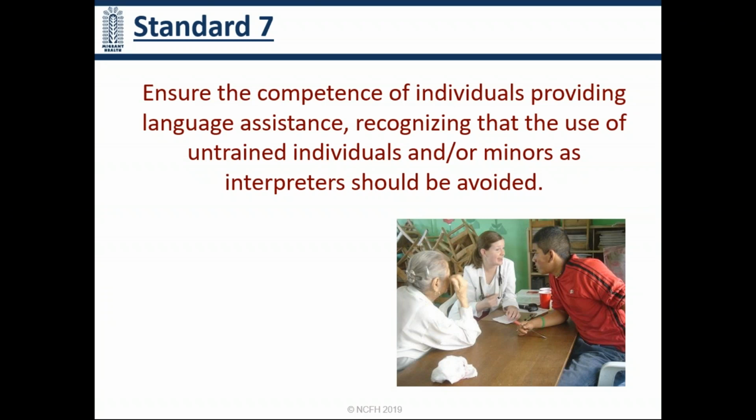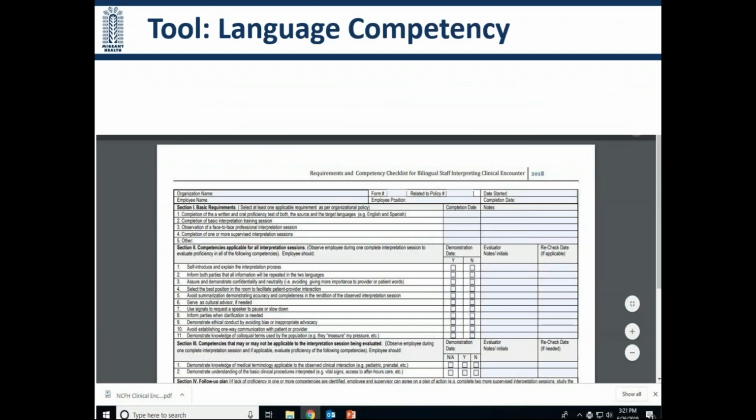And importantly, we want to empower individuals to negotiate and to advocate on their own behalf for important services, via effective and accurate communication with the health care staff. So this is just kind of a screenshot of what the language competency tool looks like. It's very short, it's one page.